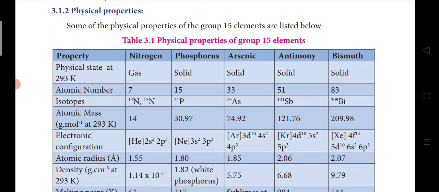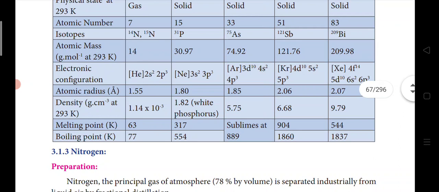Their atomic number is given. They also form isotopes, and atomic masses are all increasing. The electronic configuration is given as inert gas configuration, and then atomic radius is again increasing, and density is increasing.